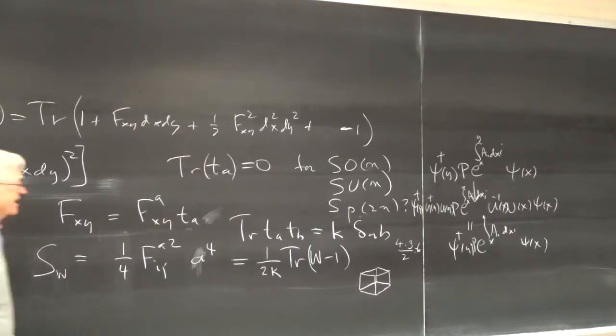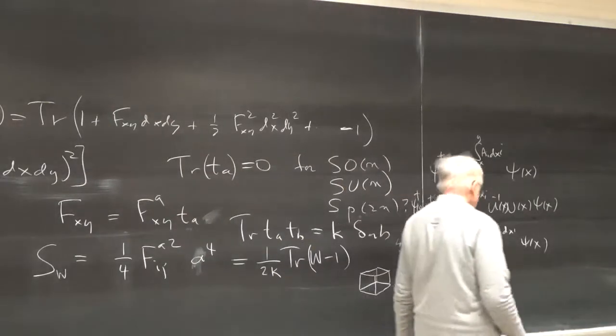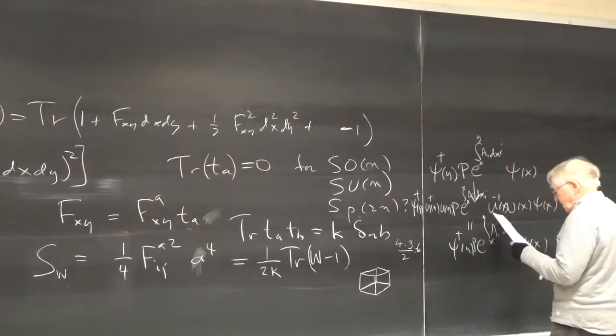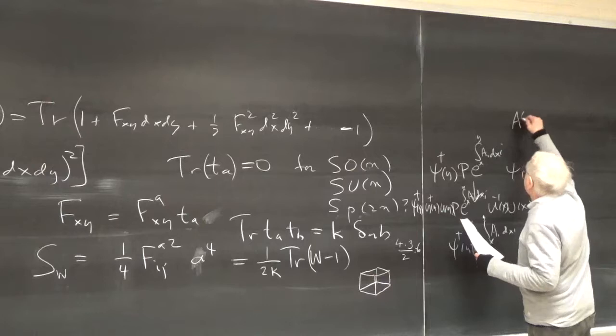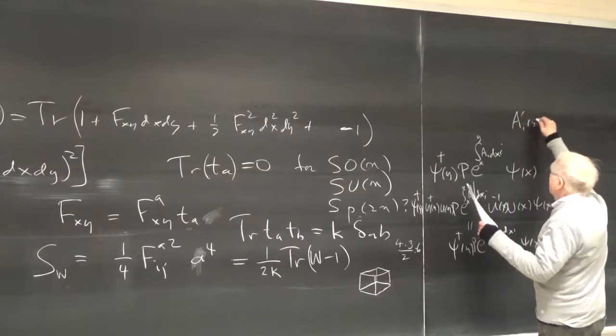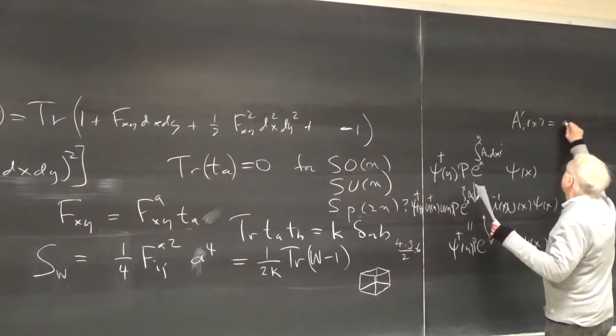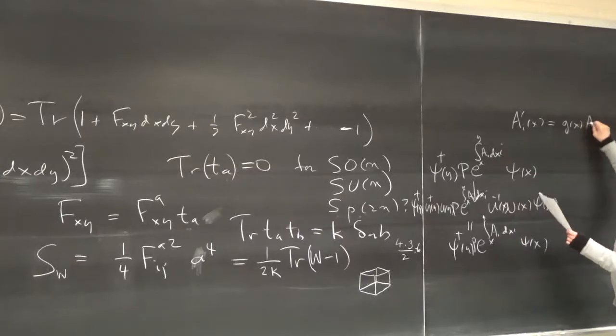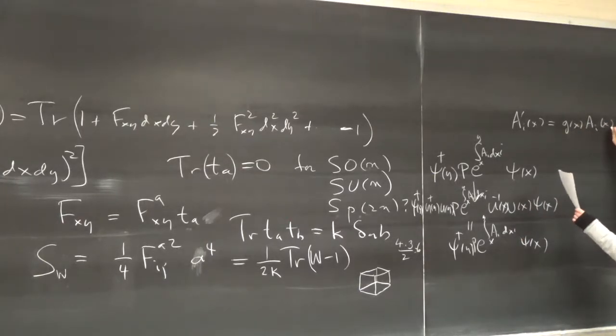Instead of writing U of x all the time, I'm going to write g. So I'm going to say that A prime i of x is g of x, A_i of x, g inverse of x, minus d_i g of x, g inverse of x.